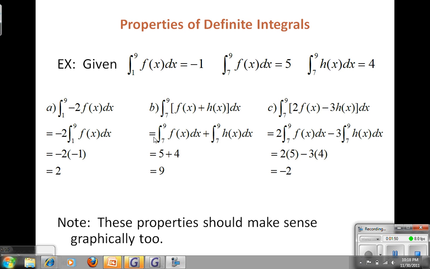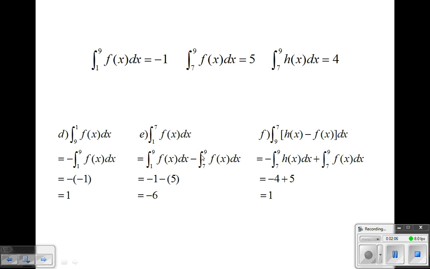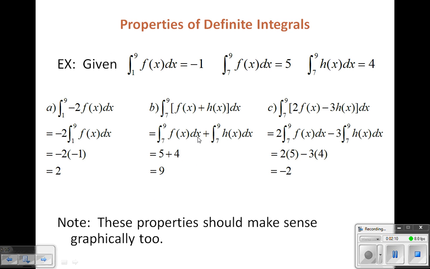Part B, what if you wanted to add the two functions together? And this is 7 to 9. When you're adding them, they both have the same interval from 7 to 9. So I'm looking at this interval, not the previous one now. The property says that if you want to find the area under the curve of the sum of them, it's the same as finding the area under each of them separately and then adding them up.